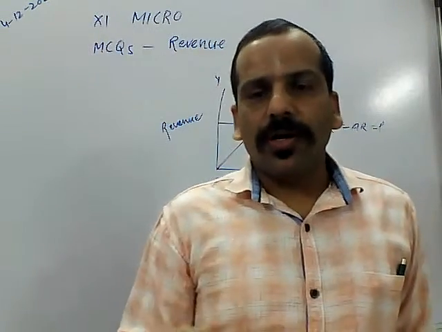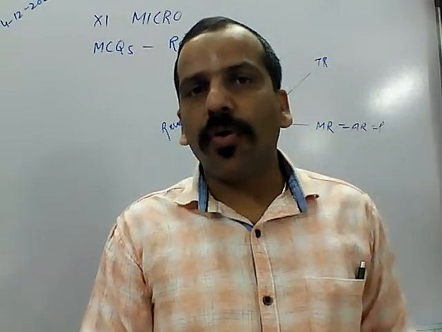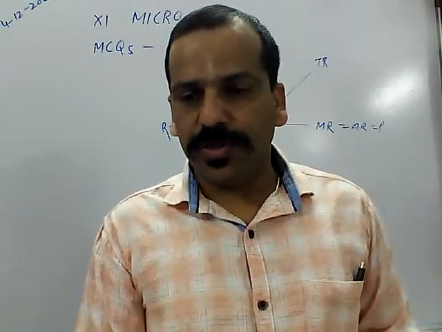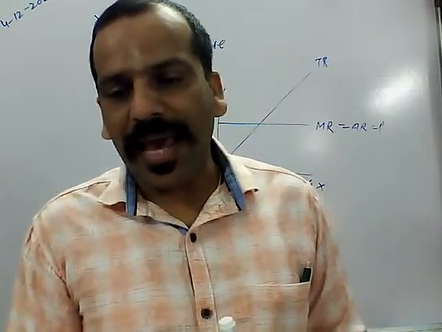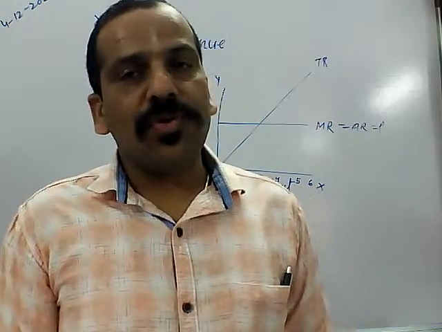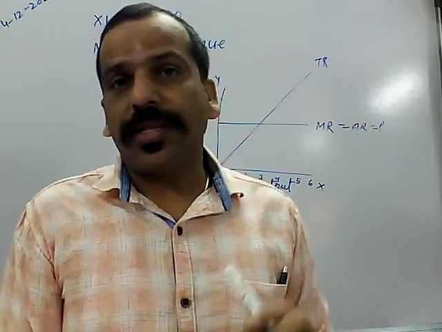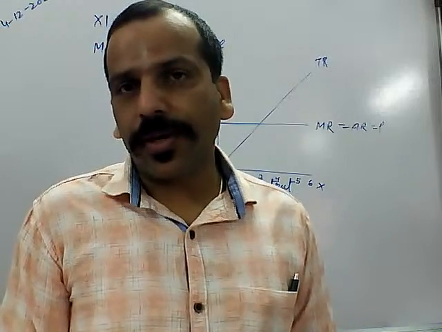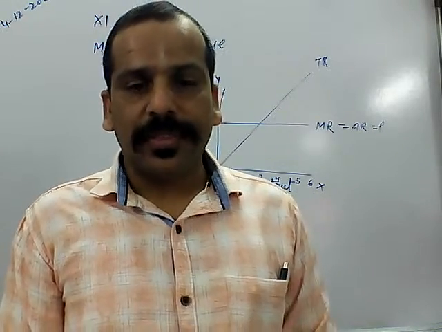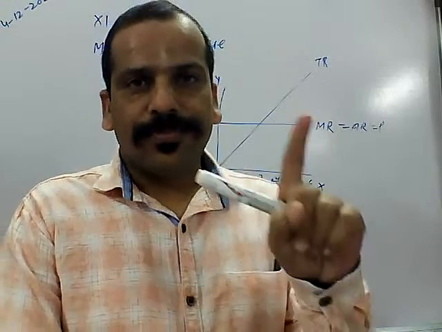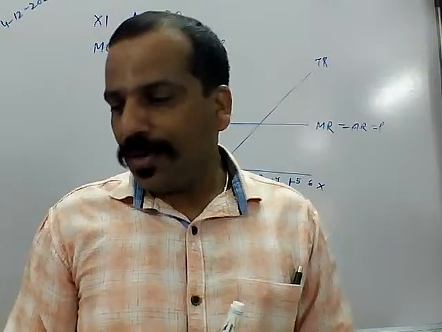Question number 5. When price falls with the rise in output, total revenue is... Filling the blanks: when marginal revenue is 0, they are asking about the total revenue. Maximum, second 0, minimum, none of these.